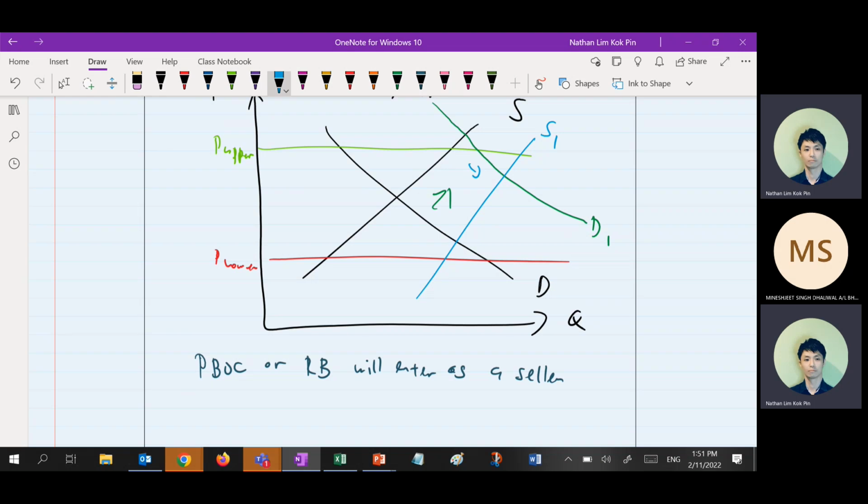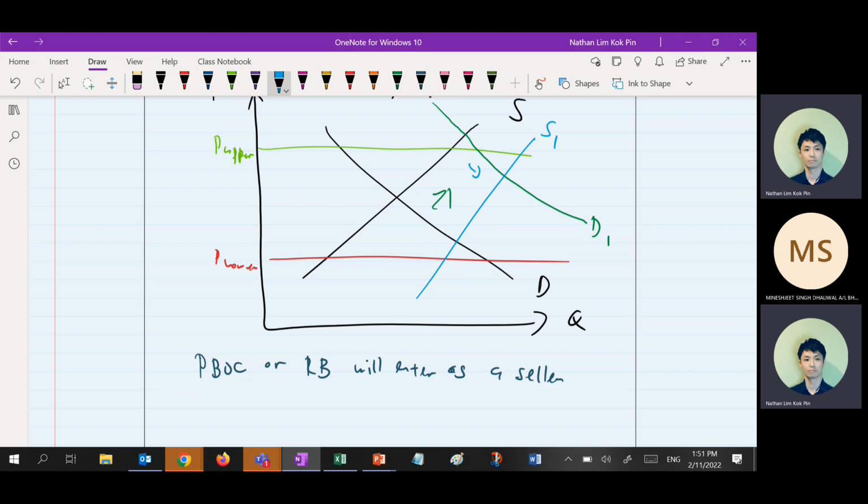Another question I want to ask you is, why does China want to lower their currency exchange rate? Why? No, they don't care about the value of the currency. They are more concerned with another thing. For exports.